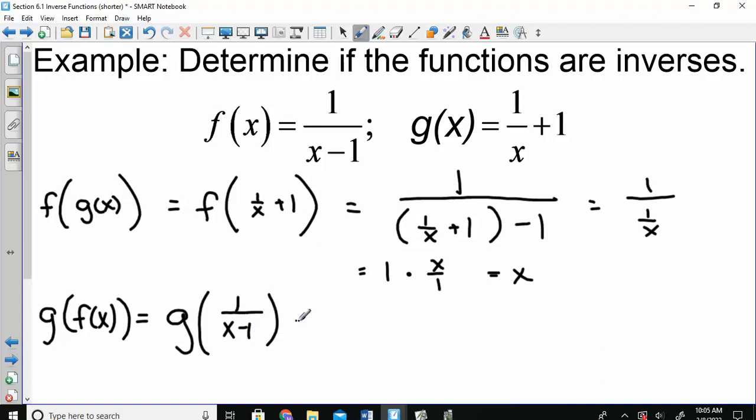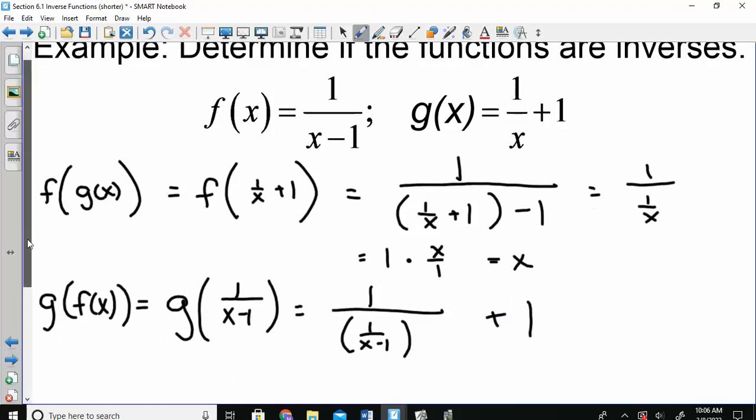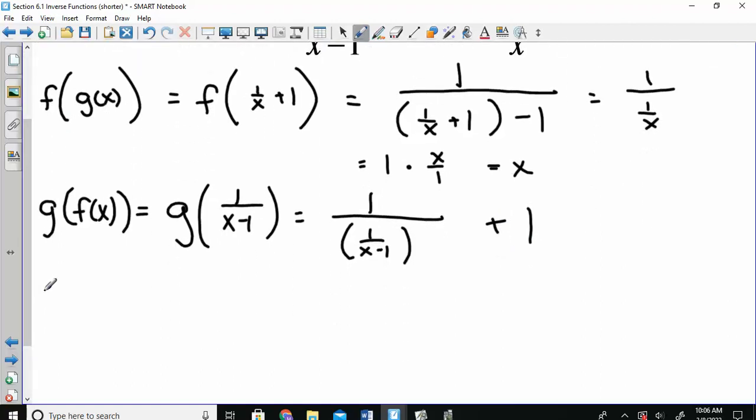So f is 1 over x minus 1. I put that into g. So g is 1 over whatever we put in plus 1. Do you guys remember doing these at all last year? Yeah. Okay. So to divide by a fraction, flip and multiply.